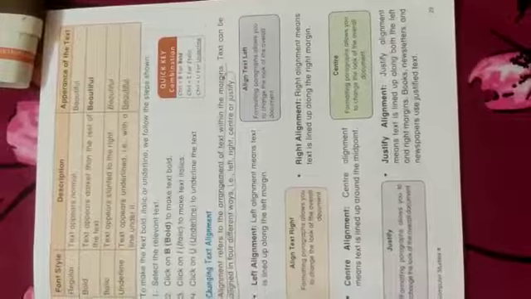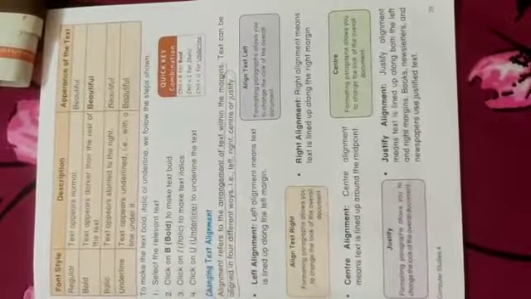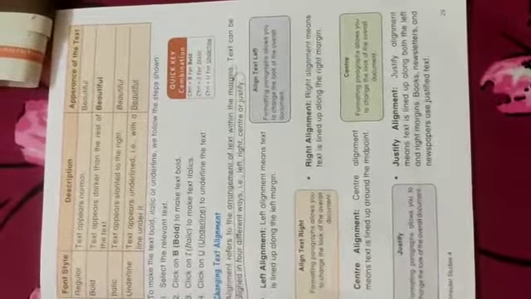Now what is center alignment? Center alignment means text is lined up around the midpoint. Formatting paragraph allows you to change the look of the overall document. Always the formatting either from the left, right or center, formatting paragraphs allow you to change the overall document.